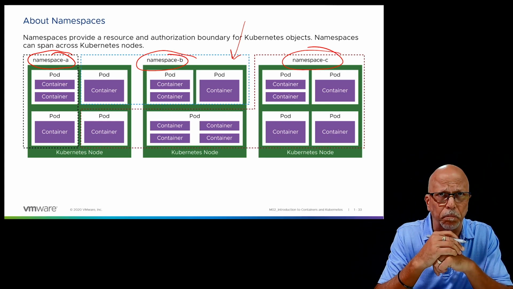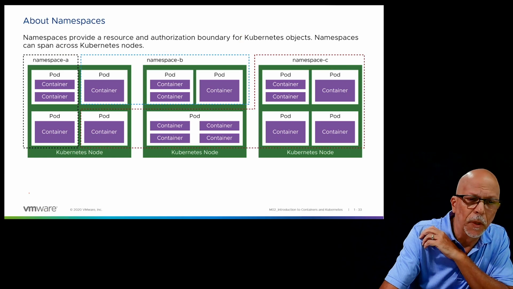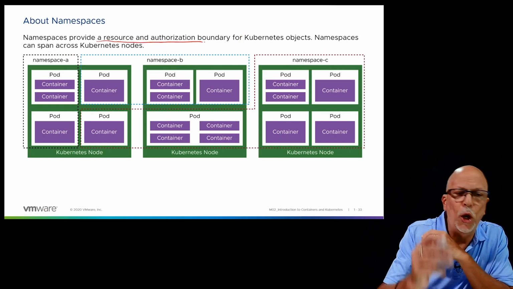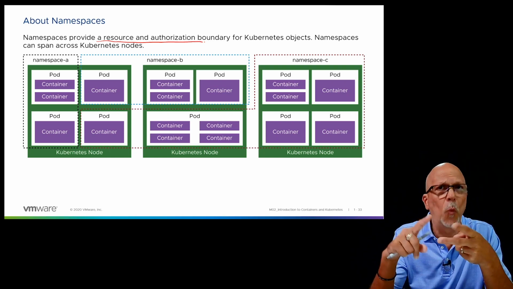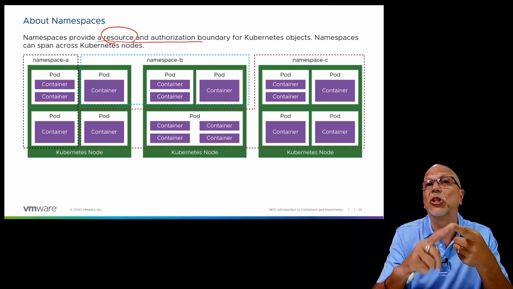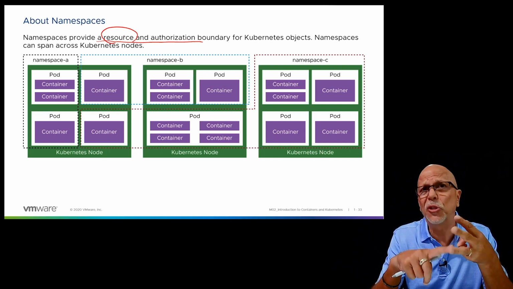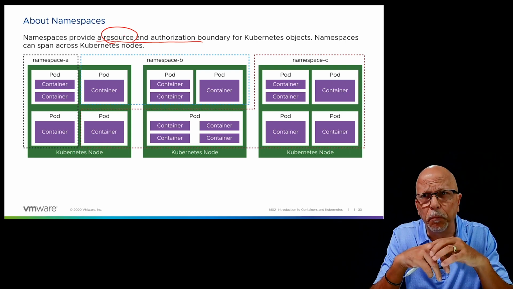So you'll create the different namespaces to silo respective applications in. It's a boundary. We can also use that boundary to do authorization as to who gets access to it. And we can also use it to cap resources. So how much CPU, how much RAM, how much disk space are they going to be able to use inside of it?